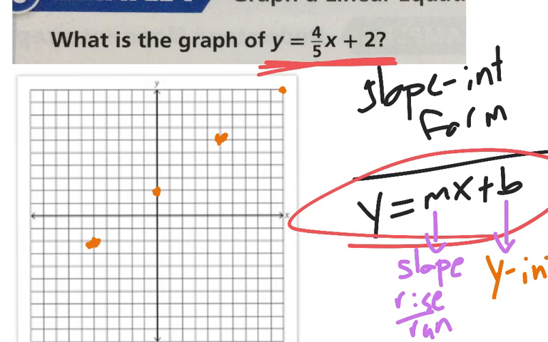Went too far. That's how we graph something that's in slope-intercept form.